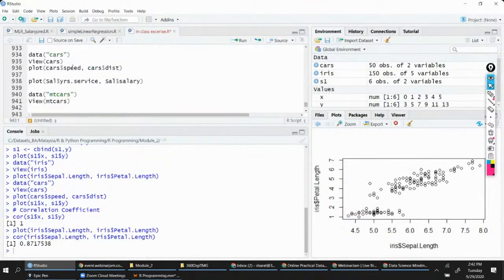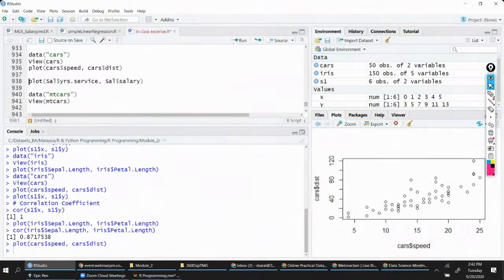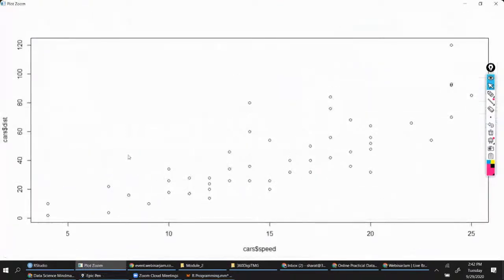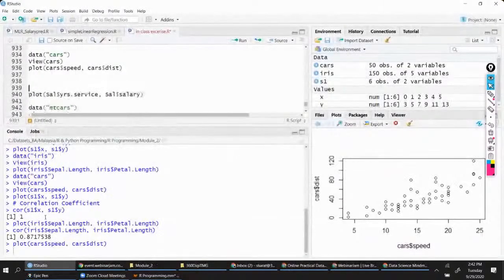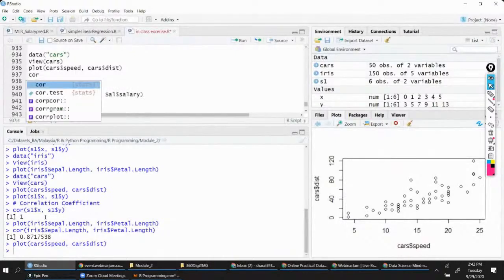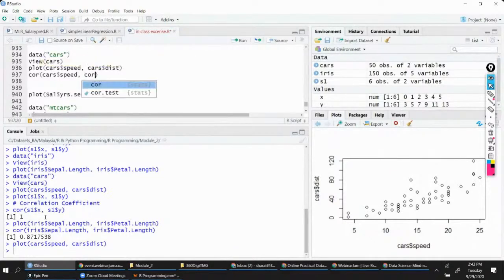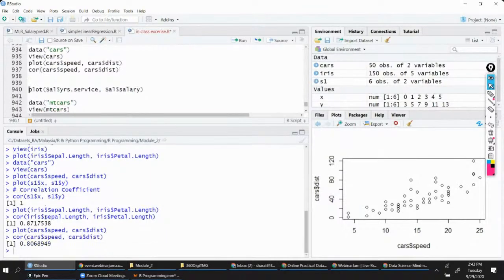Now let's look into this cars data set. Here I have the plot. This is the cars data set. As we discussed, it is subjective, right? It was moderate or weak. Some people were saying moderate, some people were saying weak. So let us try and plot this. Correlation of cars$speed and cars$dist, speed versus distance.